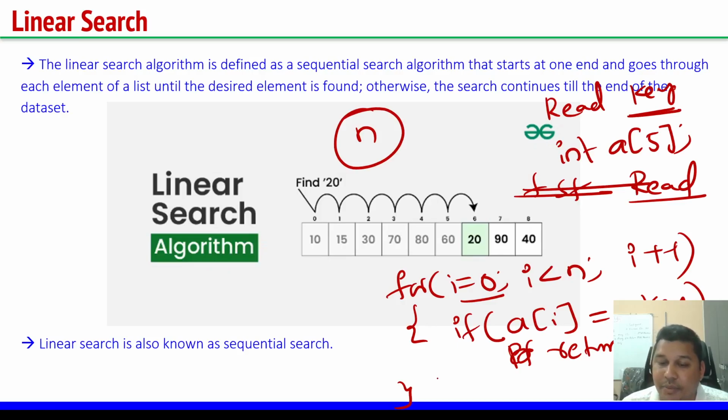Else is not required, because if it is there it will return i, otherwise it will keep going with i plus plus, searching again and again. Once the element is found, we have to break, come out of the loop and print that the element has been found.